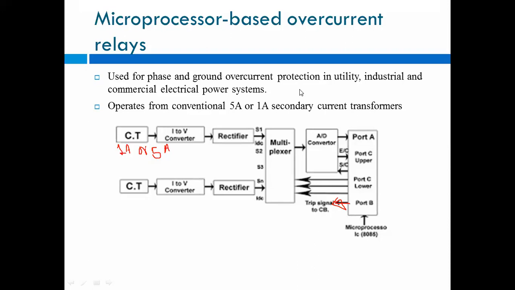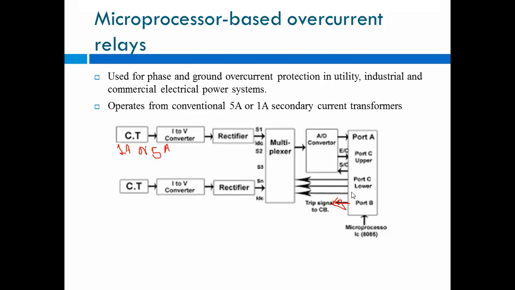Here the same blocks are there: I to V converter, rectifier, multiplexer, A to D converter, then port A for the microprocessor, port C, port B, the upper part and lower part of the ports.